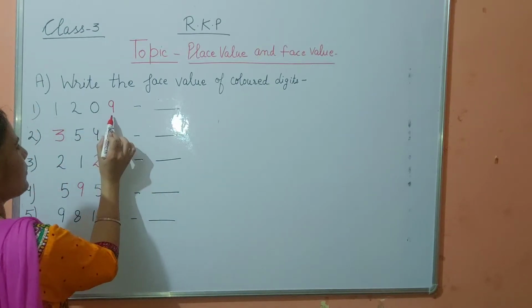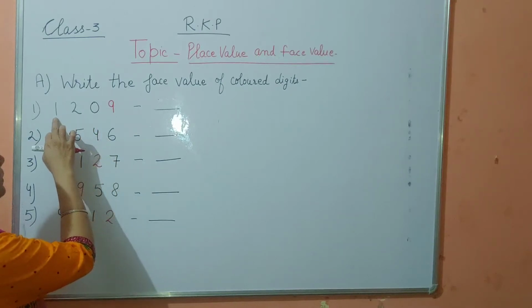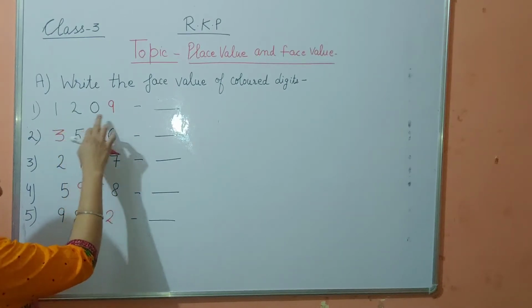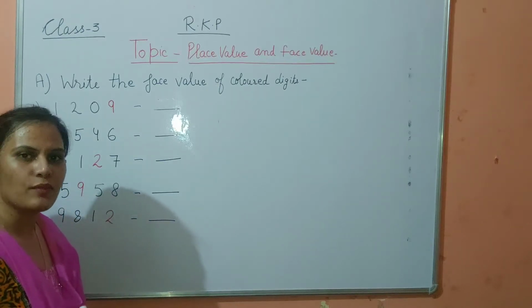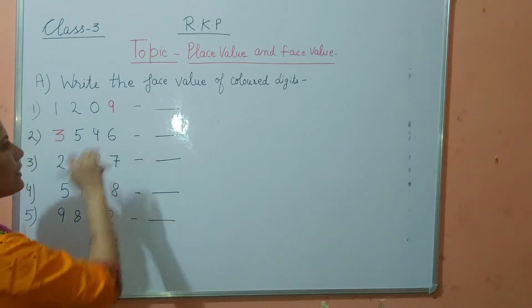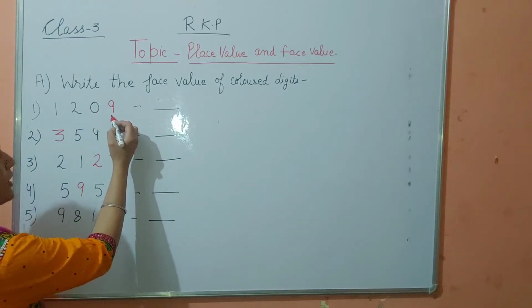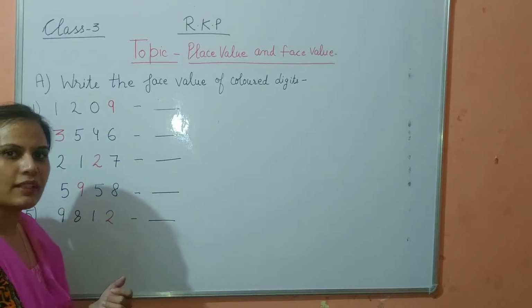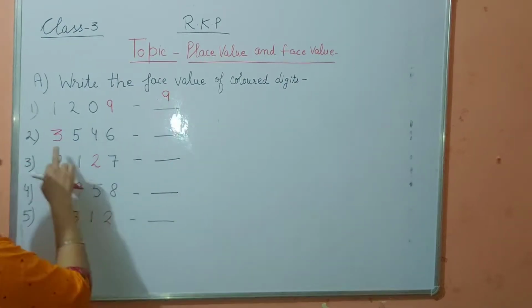So in this number, first of all read this number, 1209. Or you can take the help of the place value chart to read the number. But if I want to know the face value, the number will be the digit itself. So write the number 9.